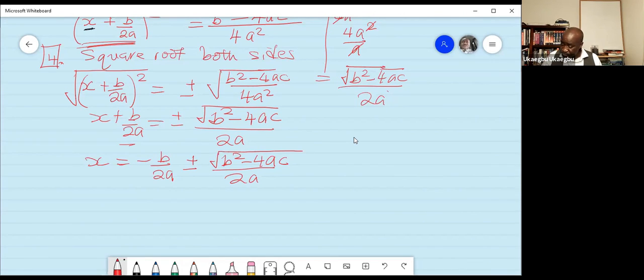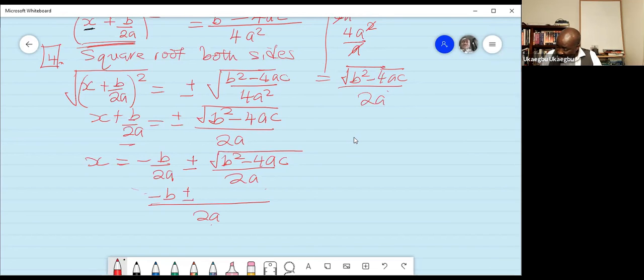So we have 1 more step. Now we will still use the same method of solving fractions. You can see that the denominator is the same, a common denominator. So you just write divided by 2a. 2a divided by 2a is 1. 1 times negative b is negative b. Then you retain your sign, plus or minus.